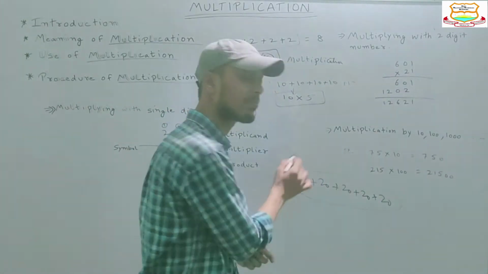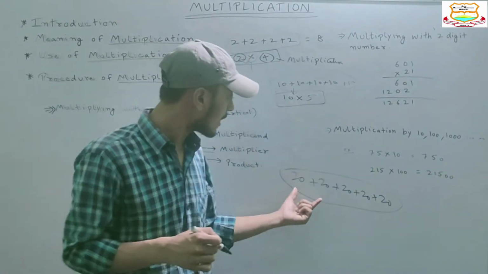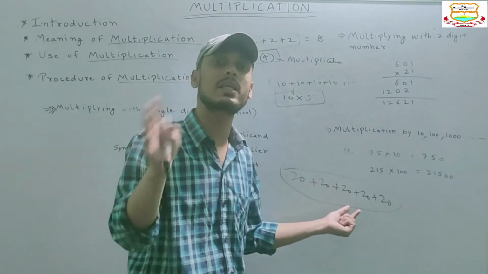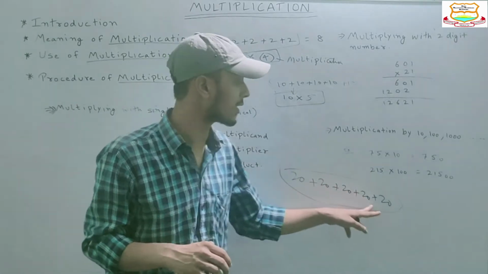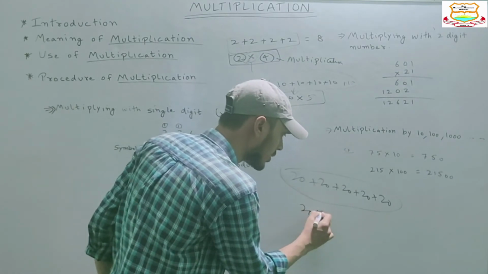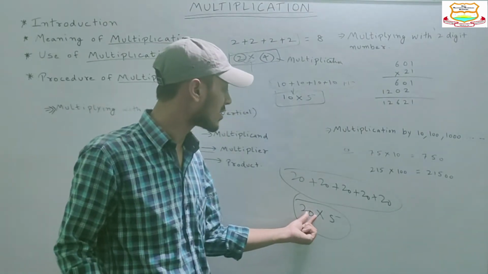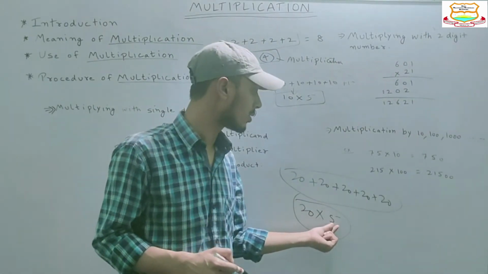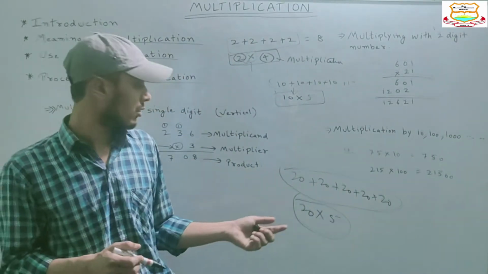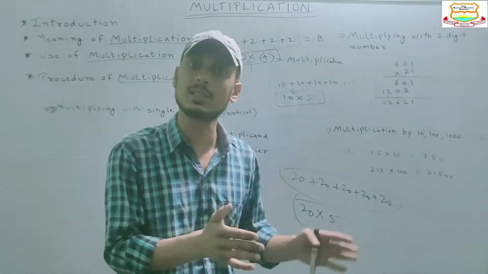By adding 20 five times, you can calculate the cost of 5 markers. Here a particular digit, that is 20, is being added again and again. In mathematics, such phenomena can be represented like this: 20 into 5. The meaning of this is 20 is being added to itself 5 times. Got it?